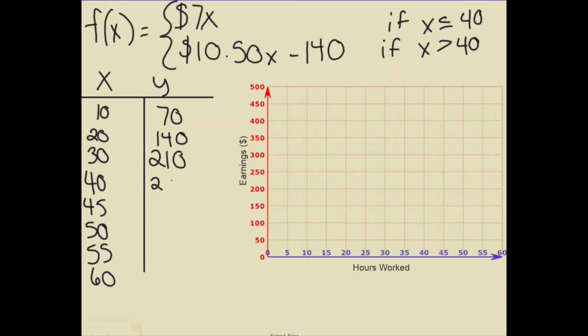So for the first 40 hours, you just have $7 times x, and then for every hour over 40, you use the second subfunction and solve for those dollar amounts. Now we are going to plot the x and y values on the graph.